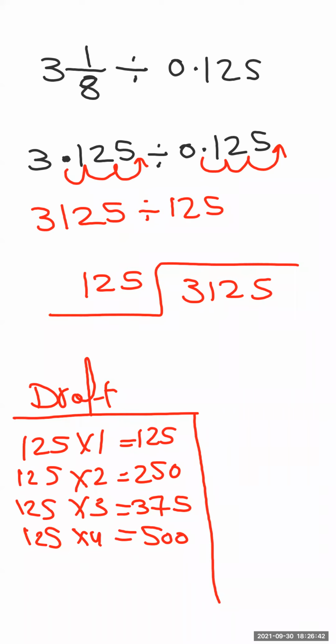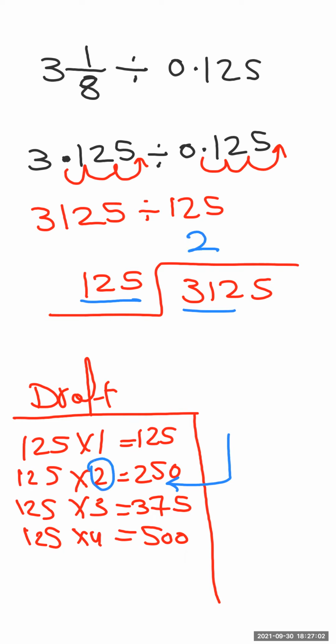Now divide the first 3 numbers by these 3 numbers. 312. Look for this number in the draft. Okay, we found it here, between 250 and 375. Okay, so we are going to use the smaller one, 2 or 3, then use 2.